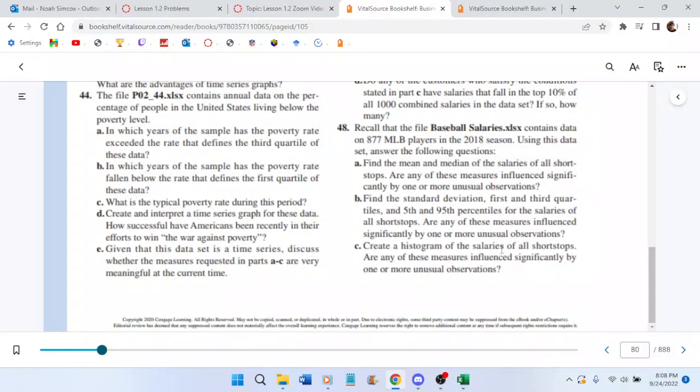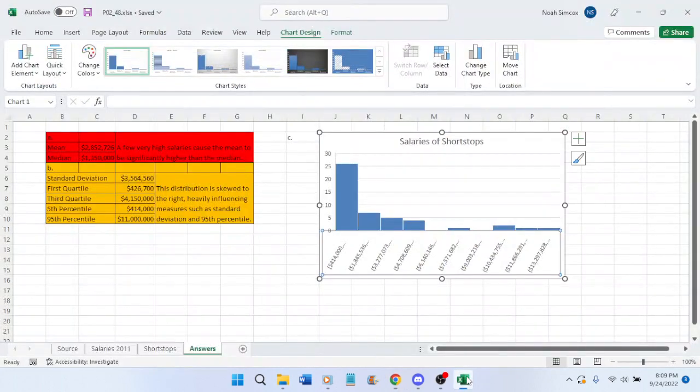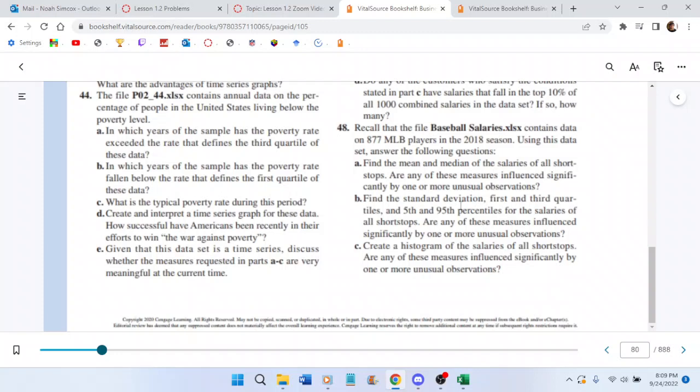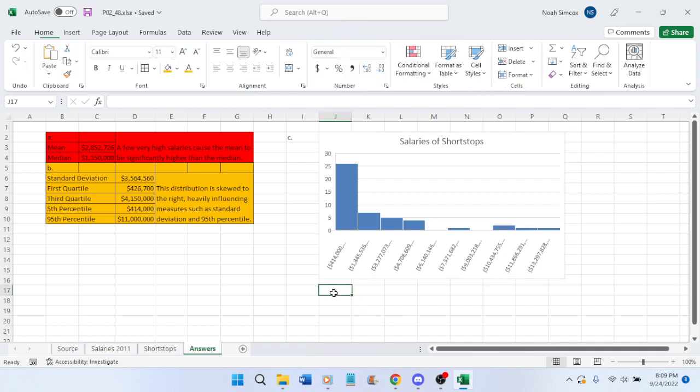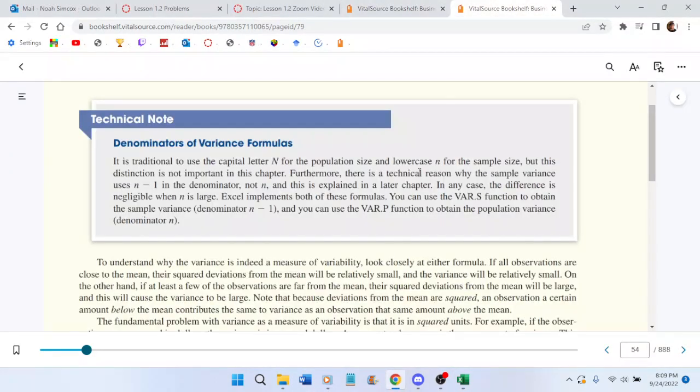Literally the only measure is the salary. Why is that a question? Mean is a measure, median is a measure. A histogram is just showing what it looks like. Skewed right. Is that what this technical term is?